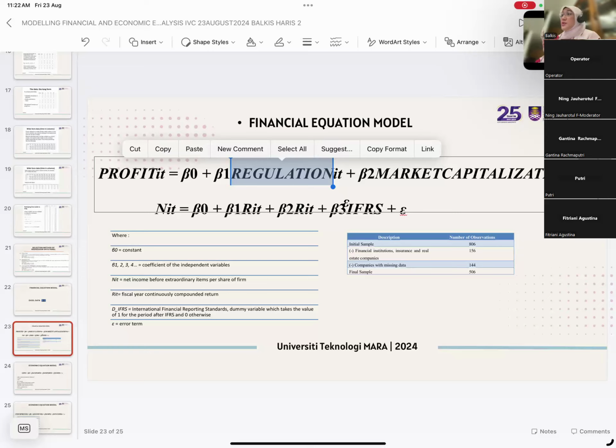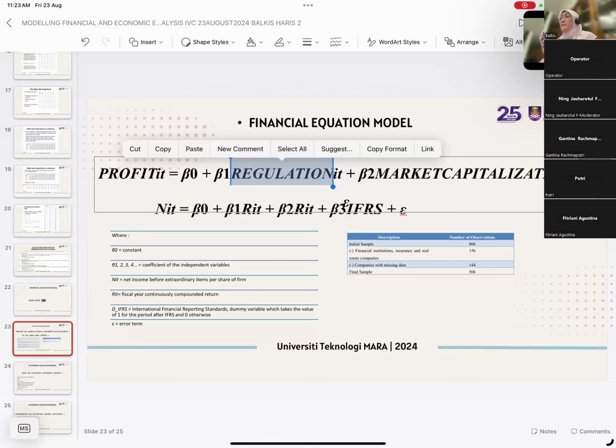And regulation also, based on the literature, every regulation imposed by the government, or in this case the Central Bank of Malaysia, is actually to make sure that all the financial institutions are stable, and also to increase the performance of the company.